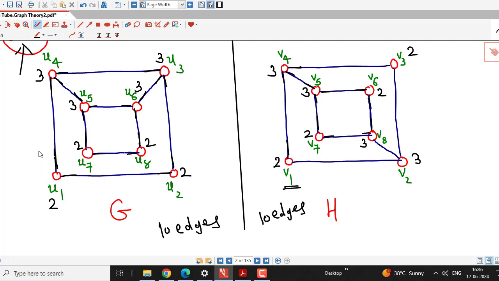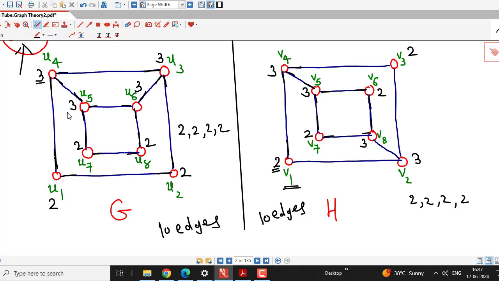Now we can count the number of vertices with degree 2 in G. So here we have 1, 2, 3, 4. There are 4 vertices having degree 2 in G. And what about graph H? Here also 1, 2, 3 and 4. So here also we have 4 vertices of degree 2.